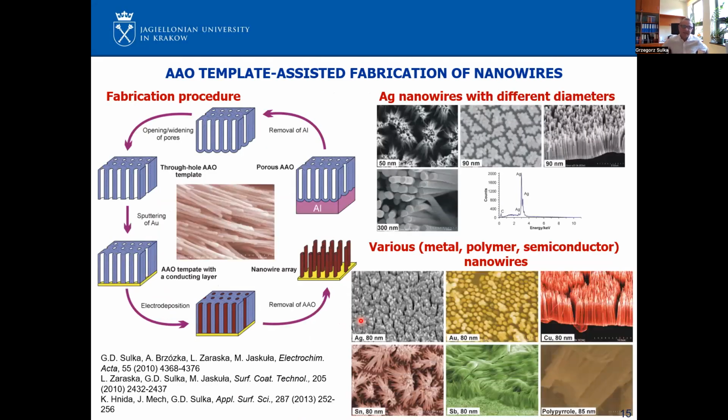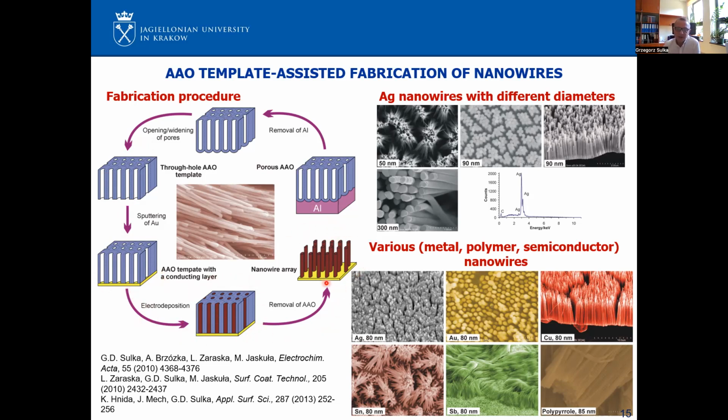And the most widespread application of anodic aluminum oxide is as a template for the generation of nanowire arrays or nanowires of different types. There are a few steps to do that. We have to remove the aluminum substrate from the bottom, then open the pores, then sputter the conducting layer, and then perform electrodeposition and remove the template.